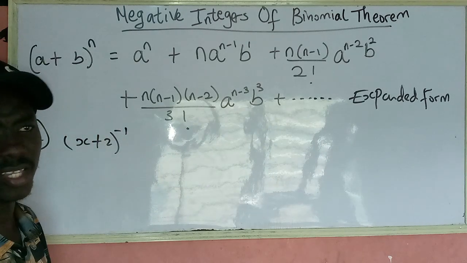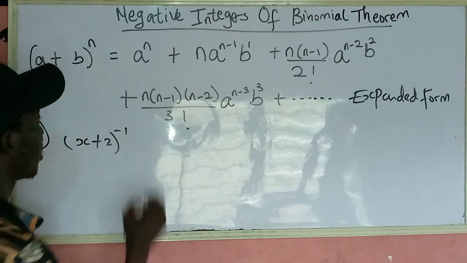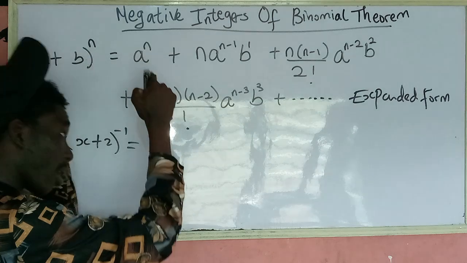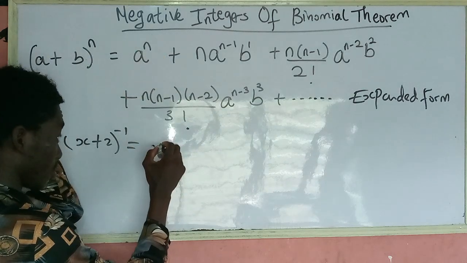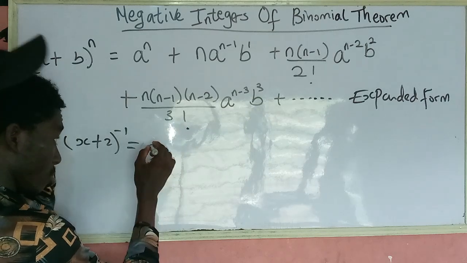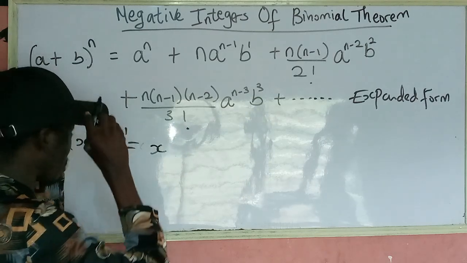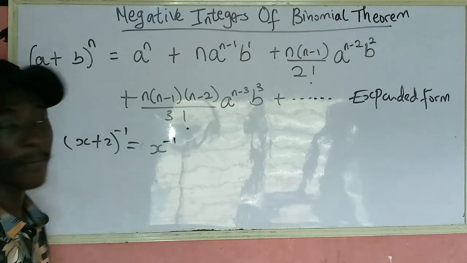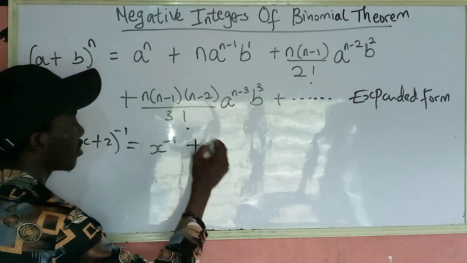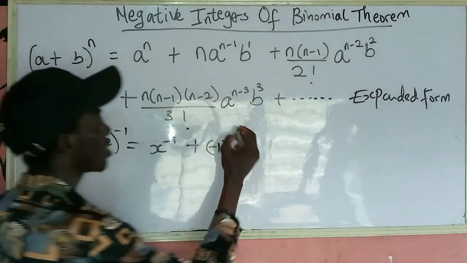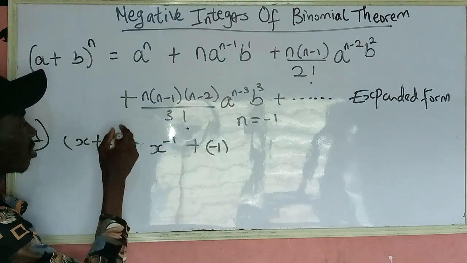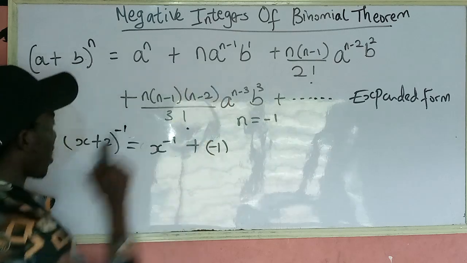In expanded form, it's x plus 2 raised to power minus 1, and that equals x raised to power n, where n is minus 1, and your a is x.